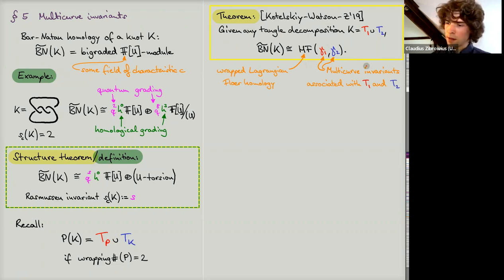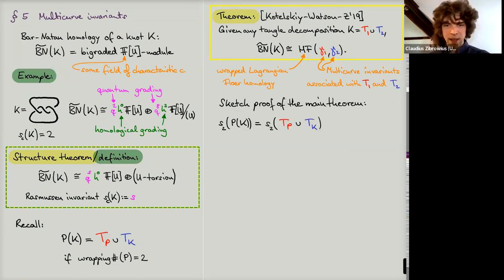Before I tell you more about these multicurves and this wrapped Lagrangian Floer homology, whatever that is, let me briefly sketch the proof of the main theorem, because formally it's very straightforward. We want to compute the S invariant of a satellite knot P of K. Well, we take our decomposition into companion and pattern tangles, and we apply our gluing theorem.